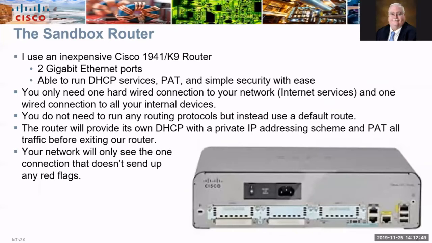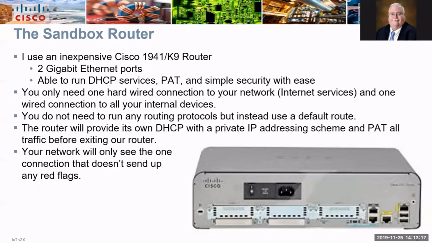While any router will work, I use an inexpensive Cisco 1941/K9 router. It has 2 gigabit Ethernet ports giving me a fast connection speed, and it is able to run DHCP services, PAT, and simple security with ease. You only need one hard-wired connection to your school's network or internet service provider and one wired connection to a switch and all your internal devices.